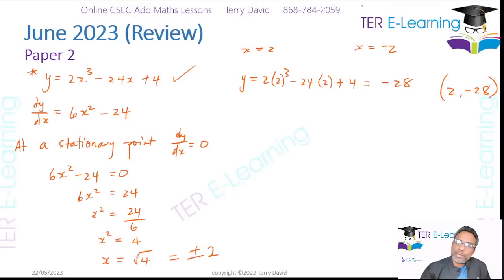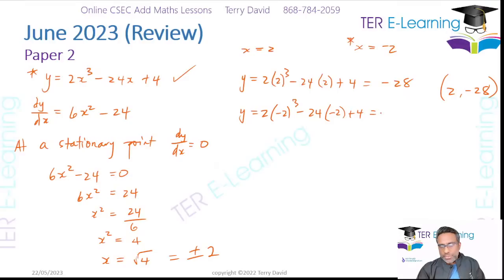To get the second point, we're going to substitute the minus 2. So y is equal to 2 by minus 2 cubed minus 24 by minus 2 plus 4. So this is minus 8 multiplied by 2, you get minus 16, minus 24 by minus 2 plus 4, and I'm getting 36.